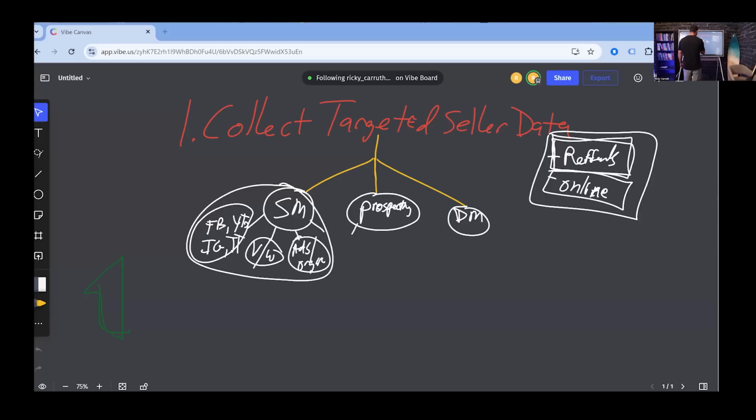Then you got prospecting, which is like for sale by owners, expireds, even door knocking. You got circle prospecting, for rent by owners, all that stuff. And we're talking about listings here, not buyers, so not Zillow and those different things. And then direct mail, like postcards, letters, etc.